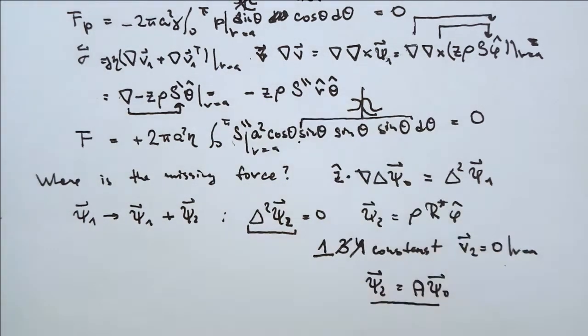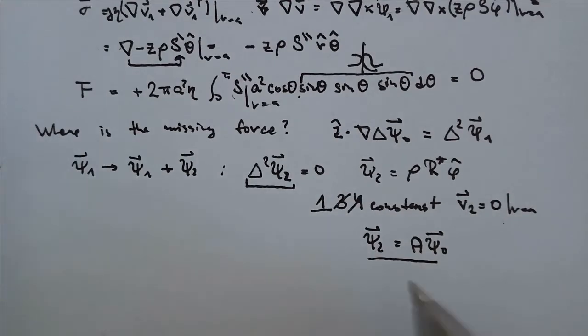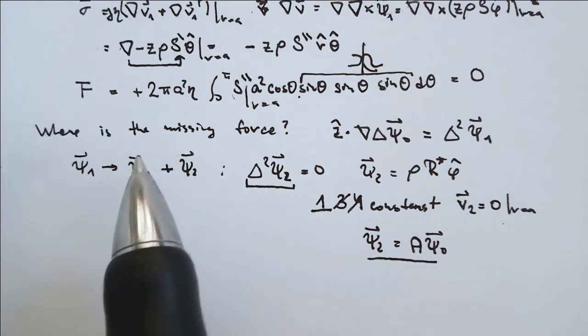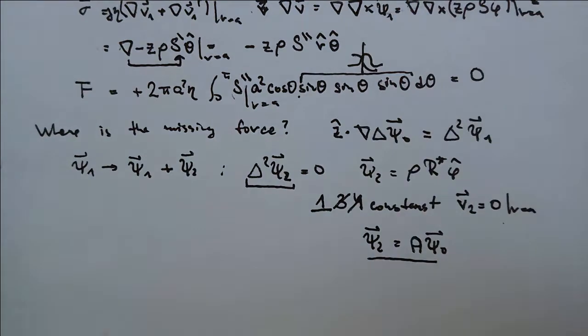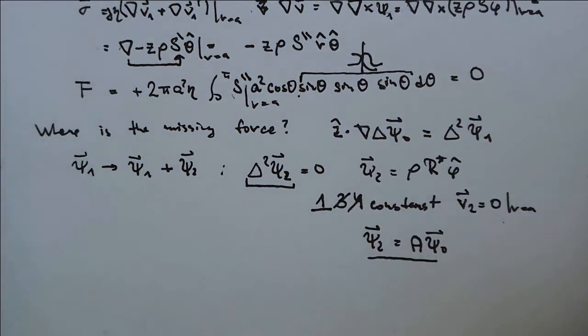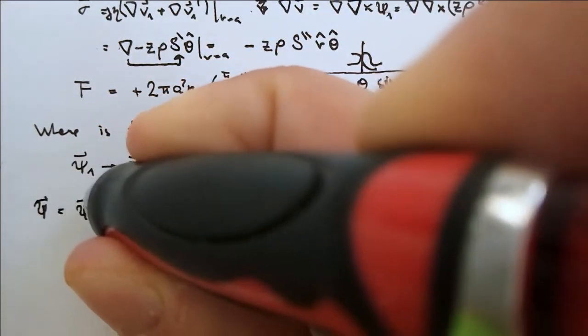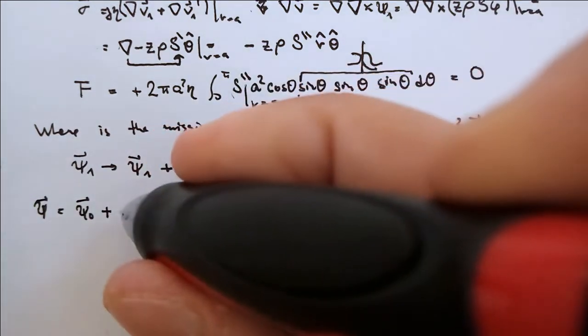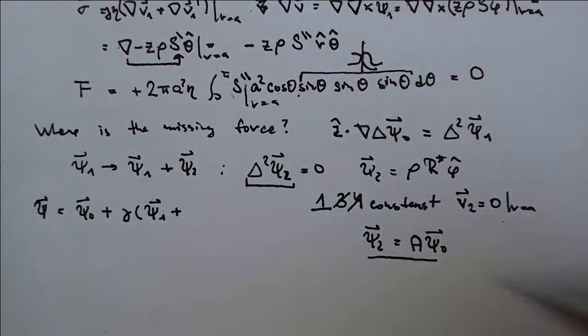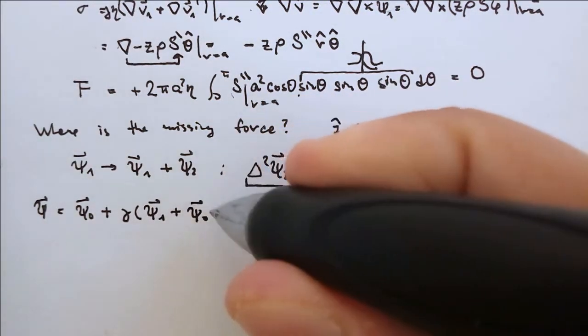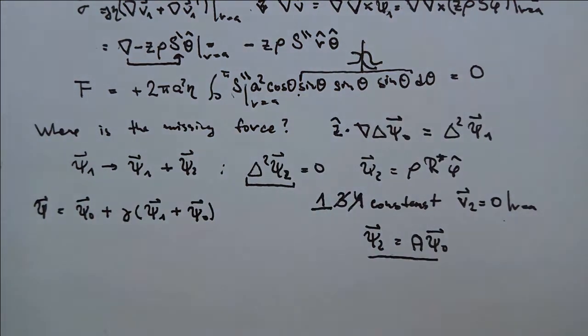This is an interesting relation. So the overall solution is not just phi 0 plus gamma phi 1, but this. I will write here: phi is phi 0 plus gamma of phi 1 plus phi 0, which is the Stokes solution, times a.